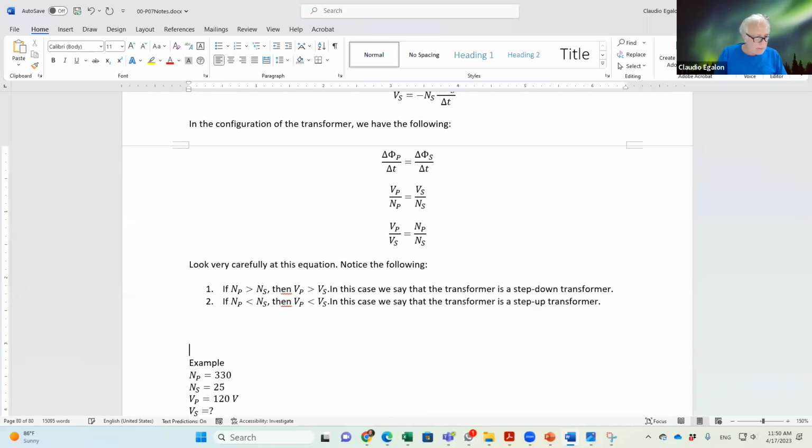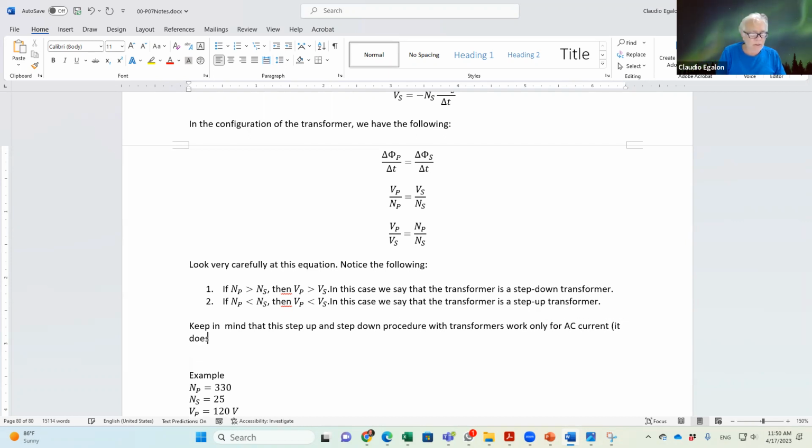Keep in mind that this step up and step down procedure with transformers works only for AC current. It doesn't work for DC. It does not work for DC because you cannot have electric induction with a DC current.